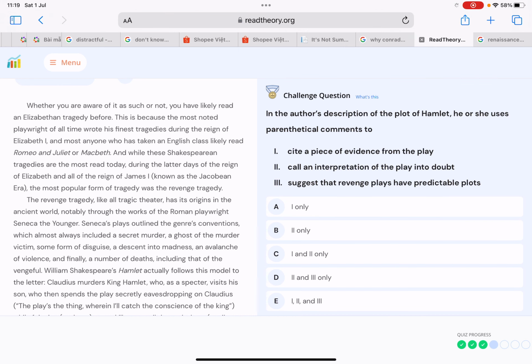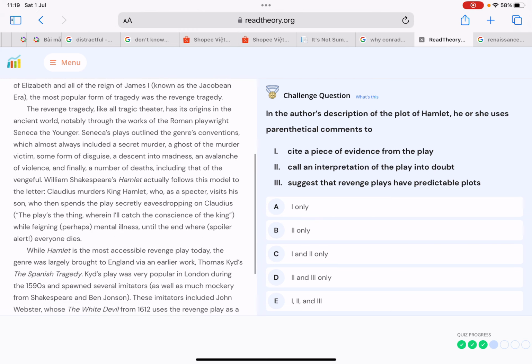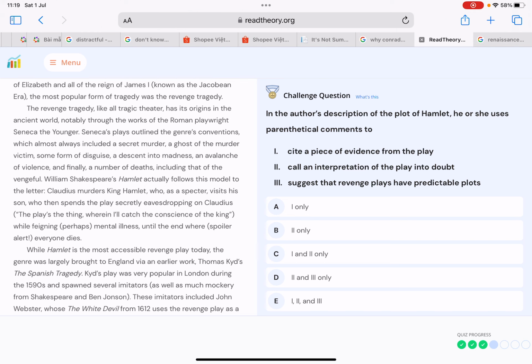In the author's description of the plot of Hamlet, here she uses parenthetical comments too. Parenthetical is the punctuation. I would highlight the whole sentence, "the play's the thing wherein I'll catch the conscience of the king," which is inside the parenthetical. This is the visualization of it. Cite a piece of evidence from the play.